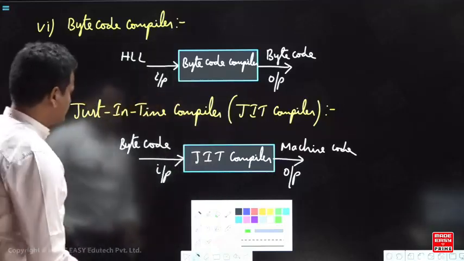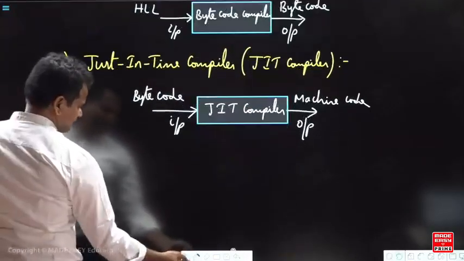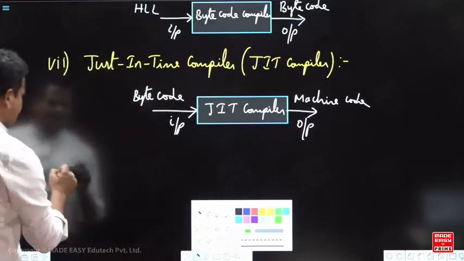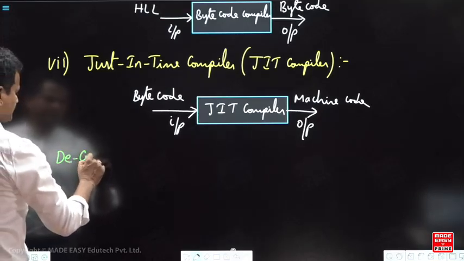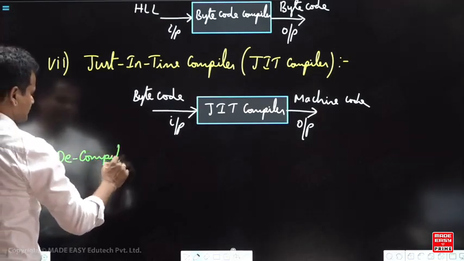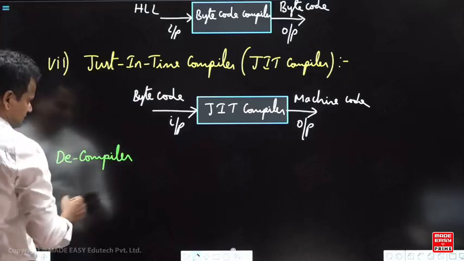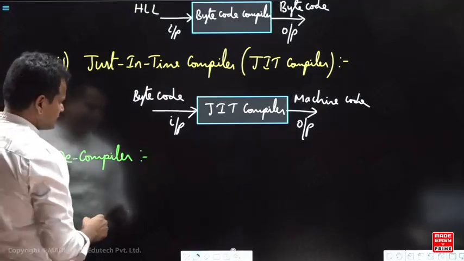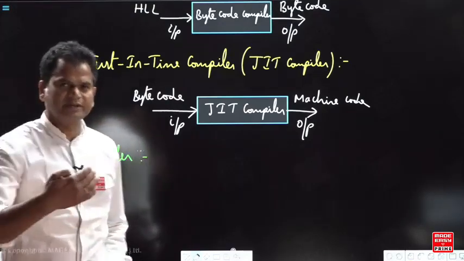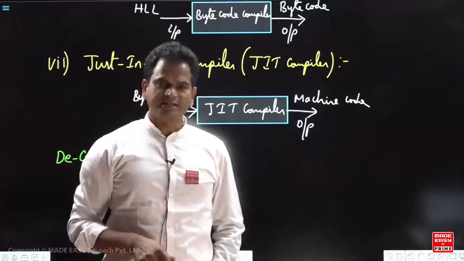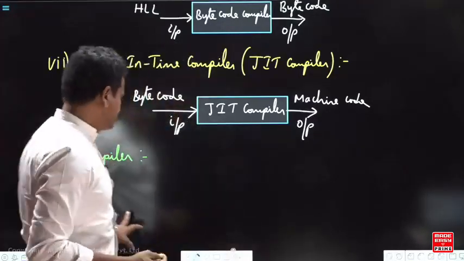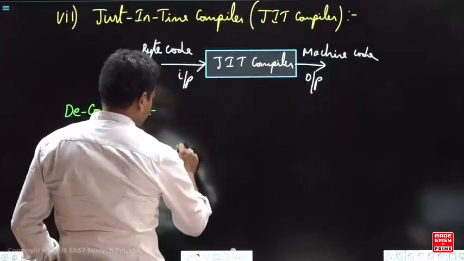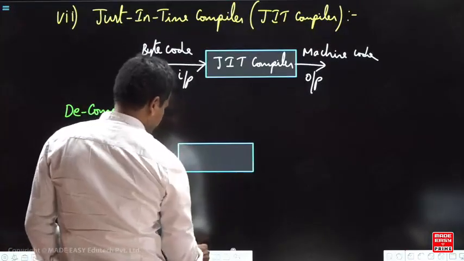Now one more is there, decompiler. What is a compiler actually? A compiler takes the source code and converts it into machine code. What is a decompiler? Reverse.